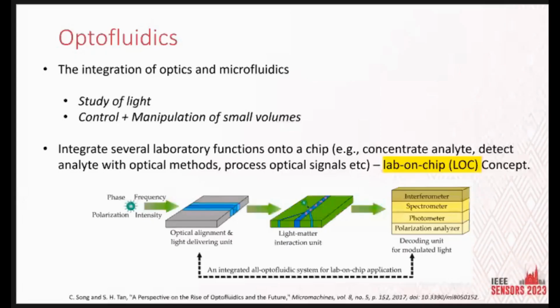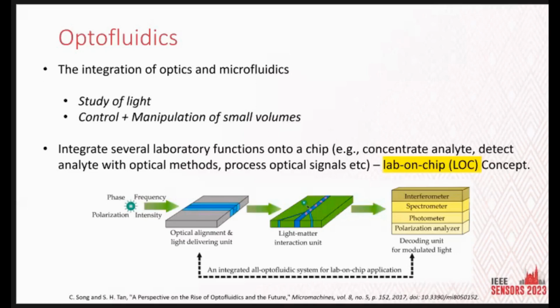So just very quickly looking at what is optofluidics, basically combine optics and microfluidics. We study the light matter interactions, and then we combine with the control and manipulation of a small volume of liquid, and we combine all this together to use for biosensing.